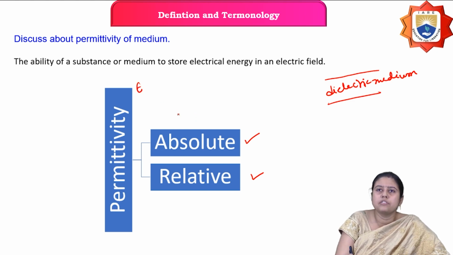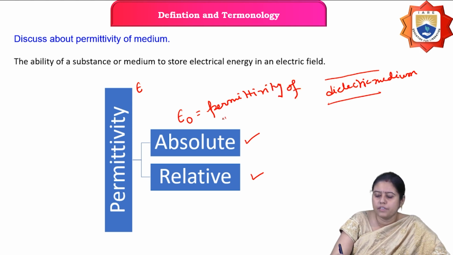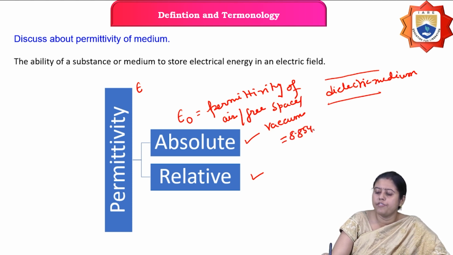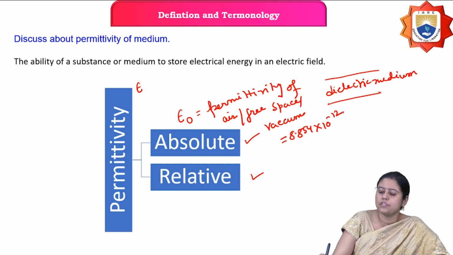So what is the absolute permittivity? Absolute permittivity means the permittivity of air or free space or vacuum. And what is the value? 8.854 into 10 to the power minus 12.